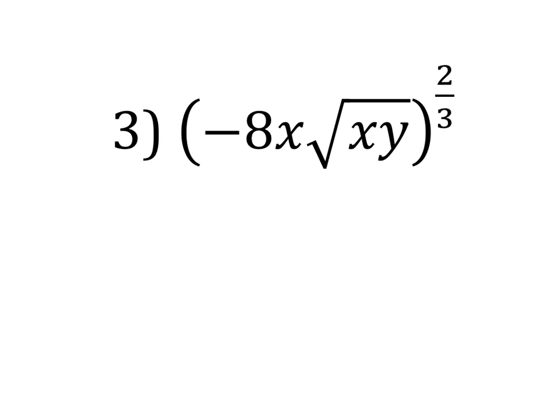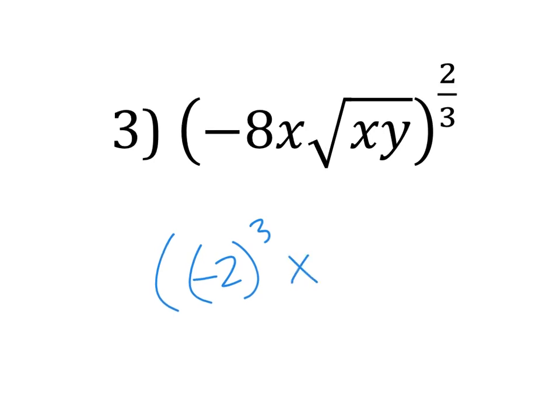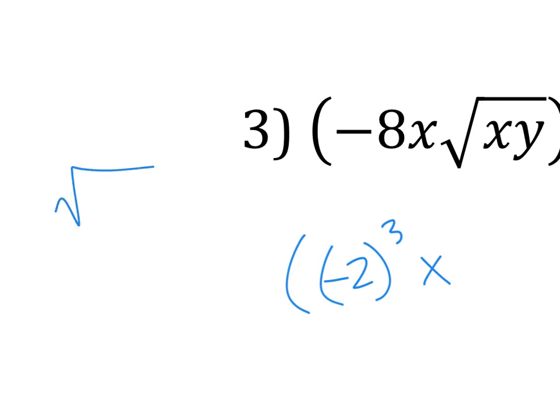Again, negative a is what to what power? Negative 2 to the third. X. Square root of xy. I'm going to do that on the side. Square root of xy is xy to the first with an index of 2.